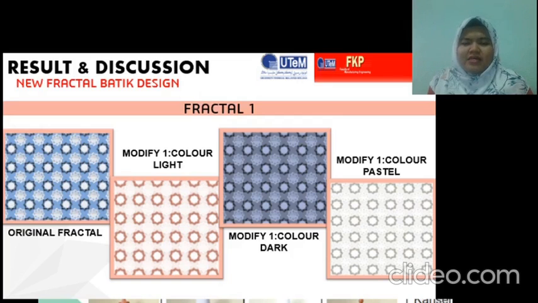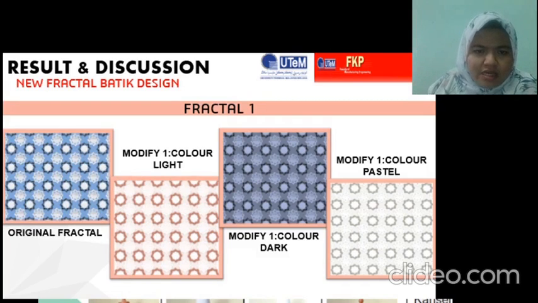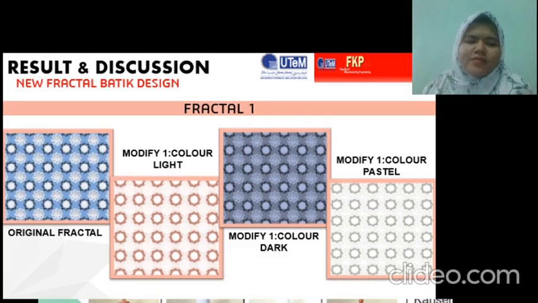But if you can see, this shape is not like a basic shape, because I use certain angles to rotate the shapes to make them look different. This is the first fractal. I changed the color to light, dark, and pastel.